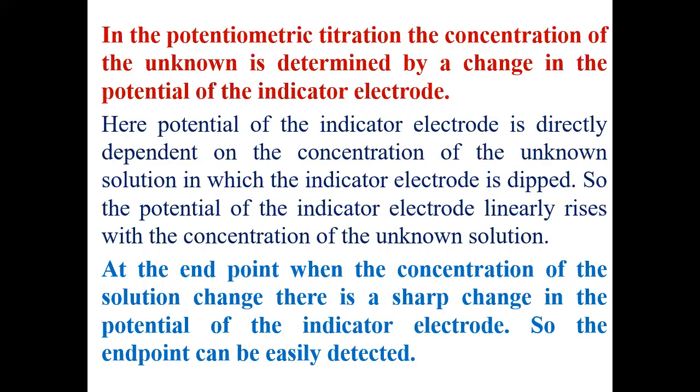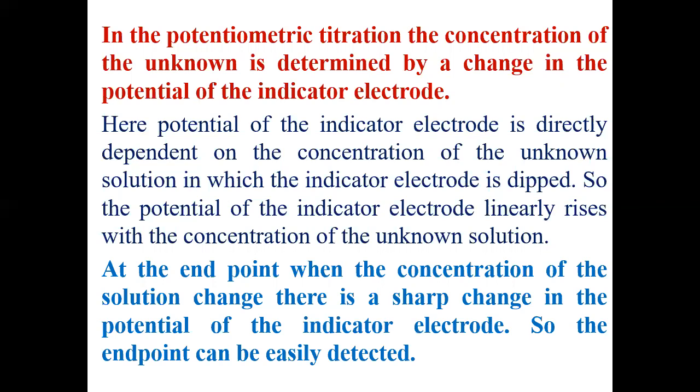In potentiometric titration, the concentration of the unknown solution or sample is determined by a change in the potential of the indicator electrode. Here, the potential of the indicator electrode is directly dependent on the concentration of the unknown solution in which the indicator electrode is dipped. So the potential of the indicator electrode linearly rises with the concentration of the unknown solution.